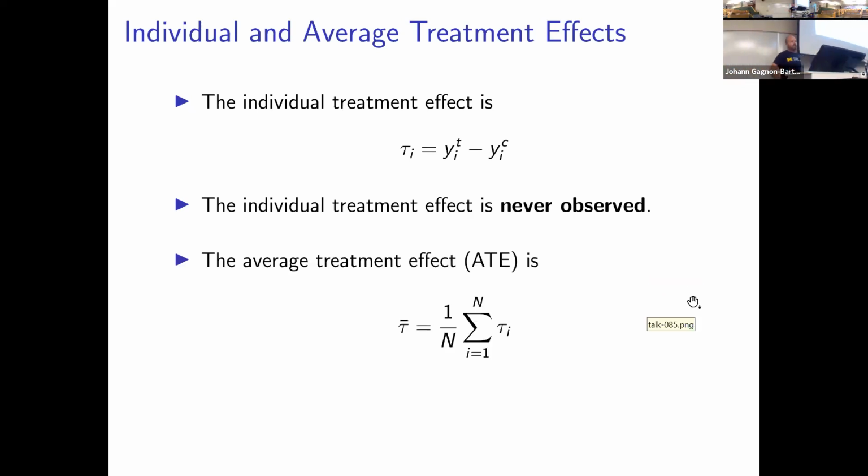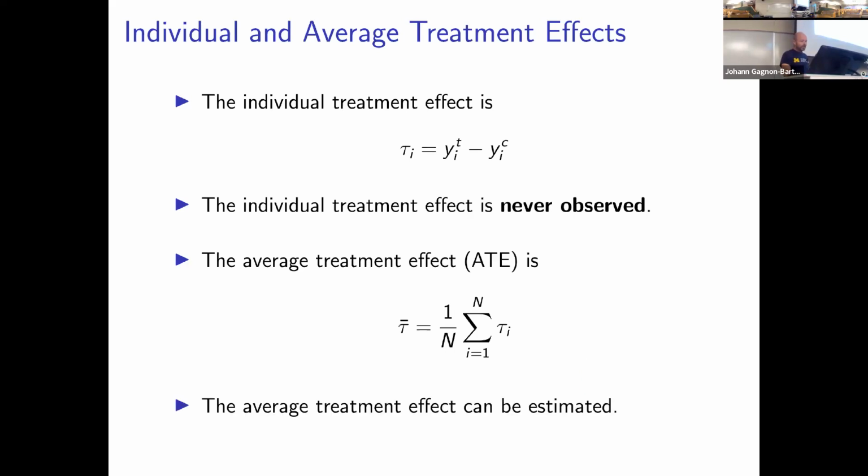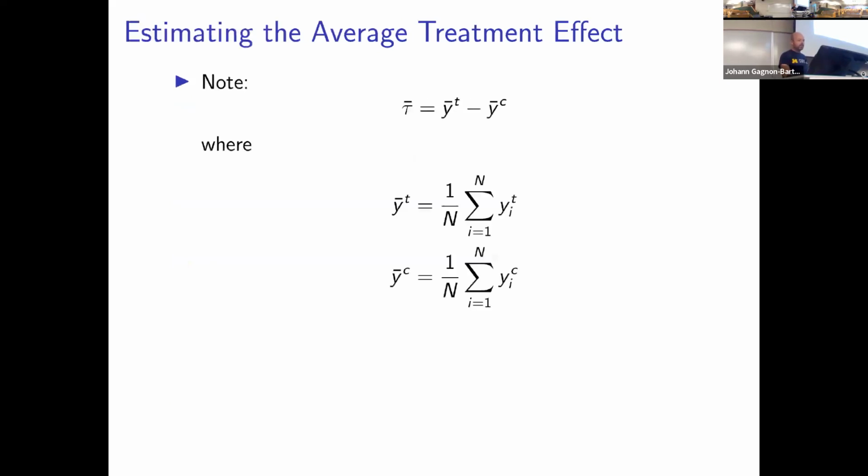And then the average treatment effect is just defined as the average over all of the individual treatment effects. And this average treatment effect can be estimated. Just note that the average treatment effect is the average of all of the treatment potential outcomes minus the average of all of the control potential outcomes.